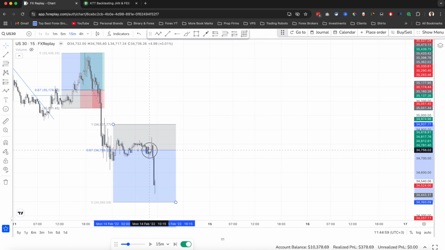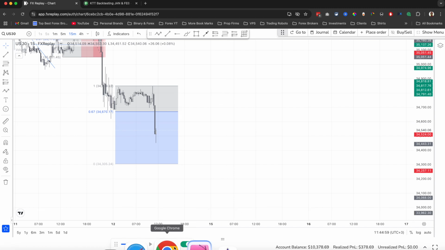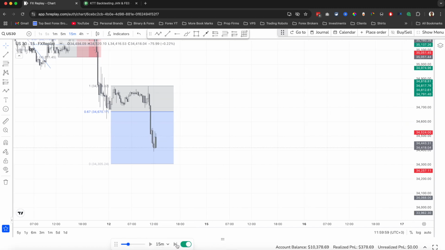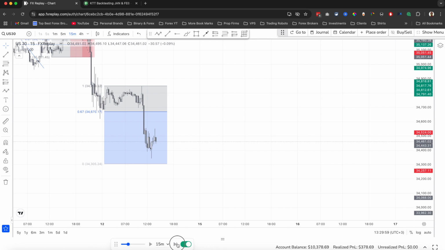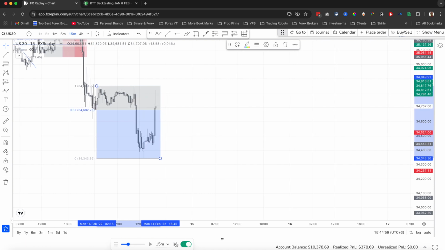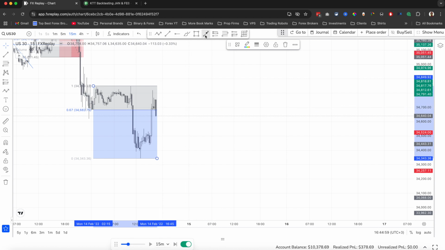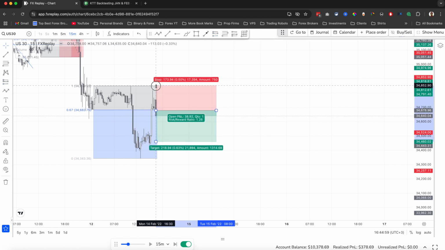So it did not come back to this point, so we were using this now. Now we are on our trade. So let me just show you, we are on a trade here.